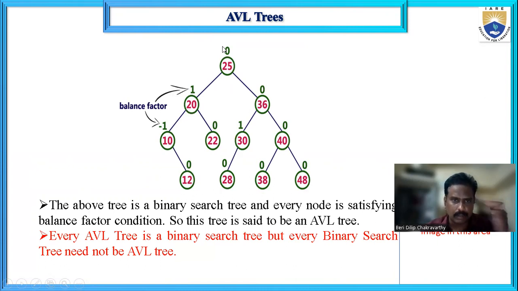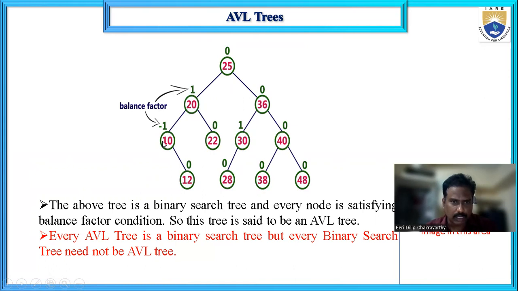In this way we are going to calculate the balance factor. Observe for 20. The left height is 2 and the right is only 1. 2 minus 1, we get 1. See, for 36, left is 1, 2 and right is 1, 2. So 2 minus 2, you get 0.